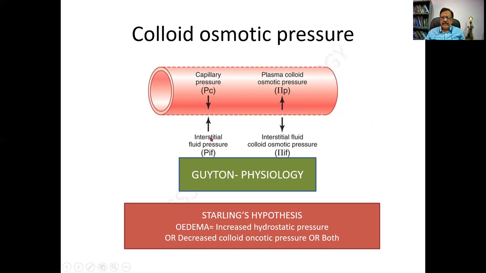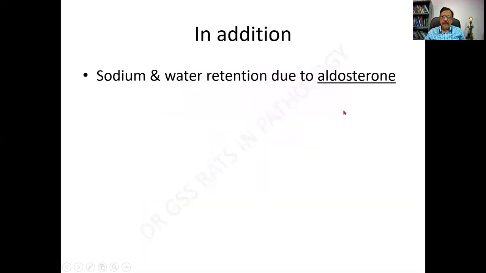When it is increased, there can be an edema. Similarly, when there is a loss of proteins, there can be a decrease in the colloid oncotic pressure, and that can again lead to an edema. So please remember these things. In addition to this, there can be an edema due to the retention of sodium and water, that is because of aldosterone.